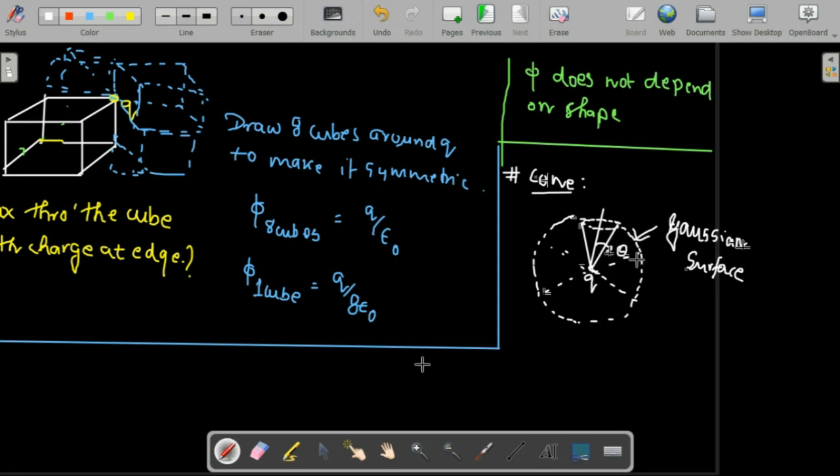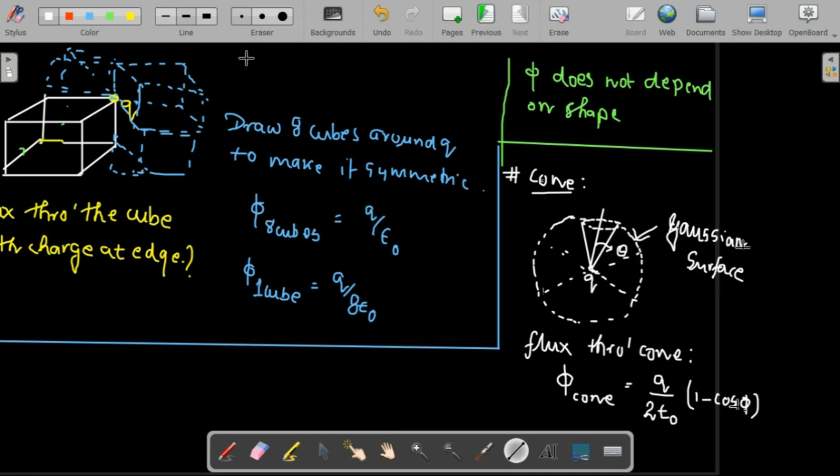If this angle is considered to be theta, the flux through the cone, if you want to calculate this phi cone, is equal to Q, we're not going to do the derivation, you have to remember this, divided by 2 epsilon naught into 1 minus cos theta. Try to remember this because this is important.